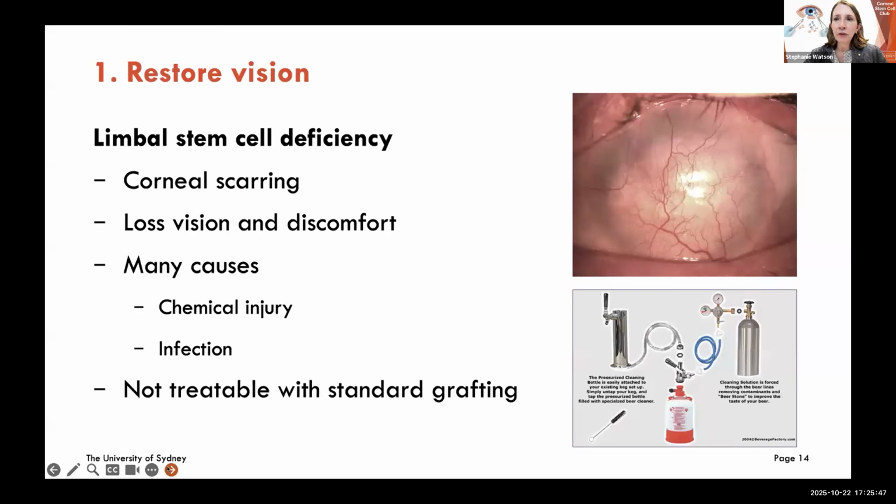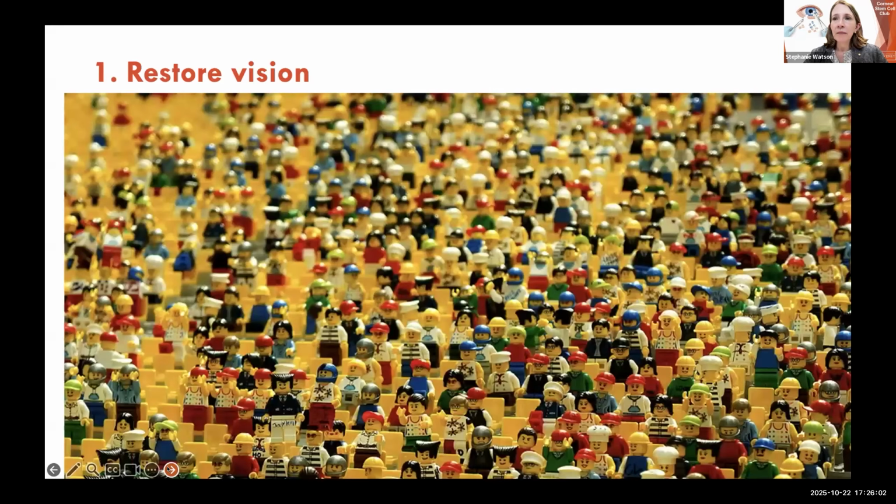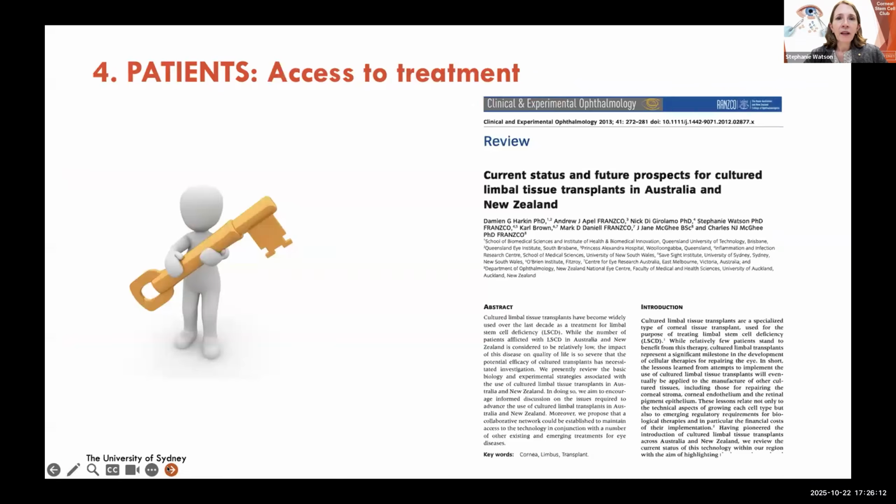So in limbal stem cell deficiency, which you've heard about, it causes scarring, loss of vision, and it typically affects a working age population with a leading cause of chemical injury. And we can't treat it with standard grafting. But there's many, many more conditions, corneal conditions, and also conditions elsewhere in the eye that require restored vision from stem cell therapies.